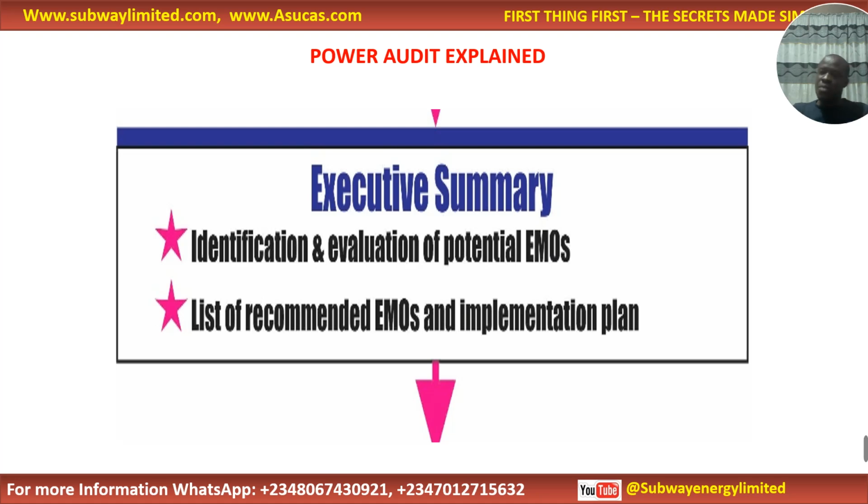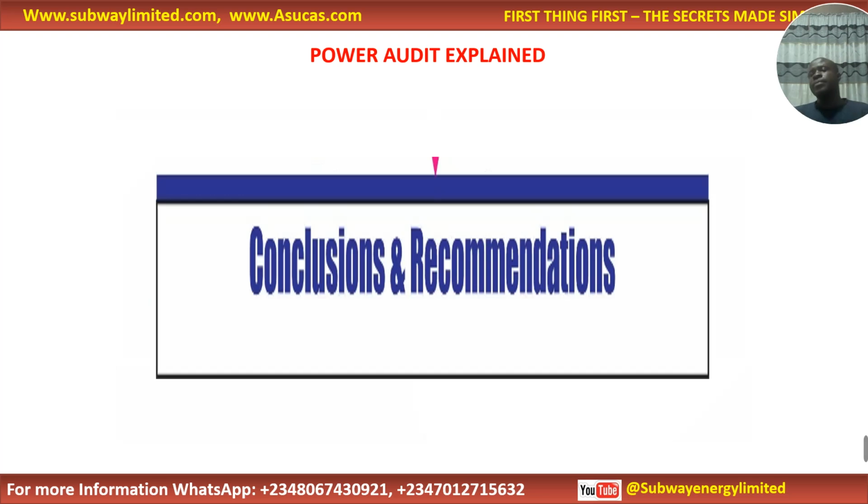All these are the EMOs you need to make available to the client to reduce the cost of the solar installation. If you propose 20 million for the installation, and another person goes to that same facility and proposes 10 million, who will you choose? So you have to understand energy management opportunities. The options are very important, and the client might not know.